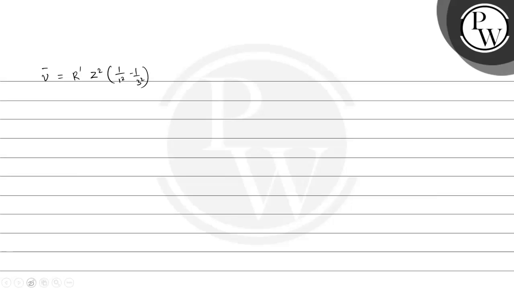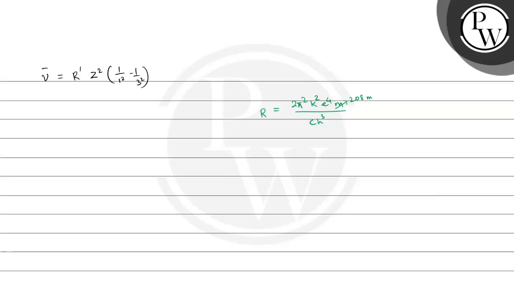And if we calculate the value of R dash, then we know Rydberg's constant is given as R is equal to 2 pi square k square e fourth m divided by c h cube, and here we will replace m with 208 multiplied by m.